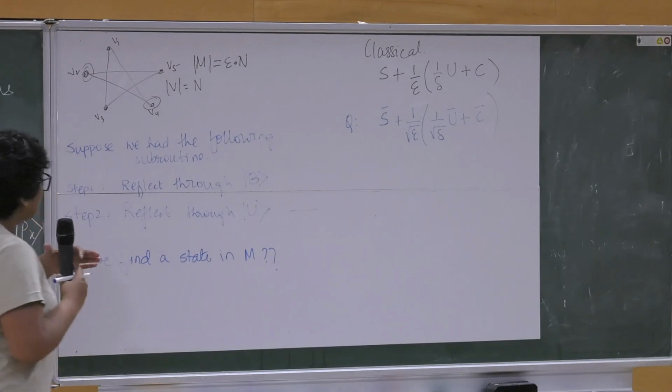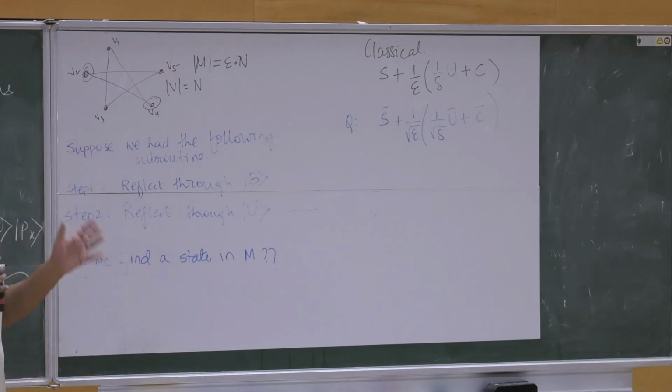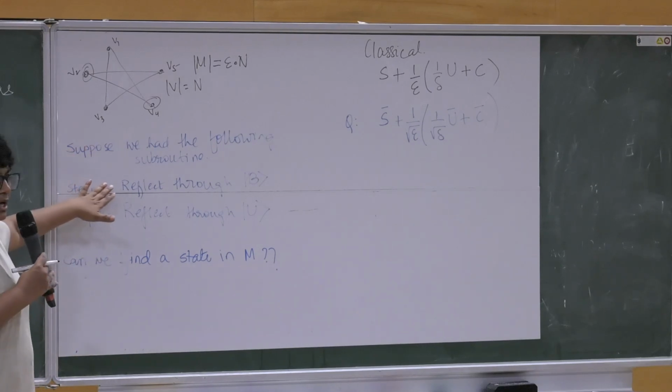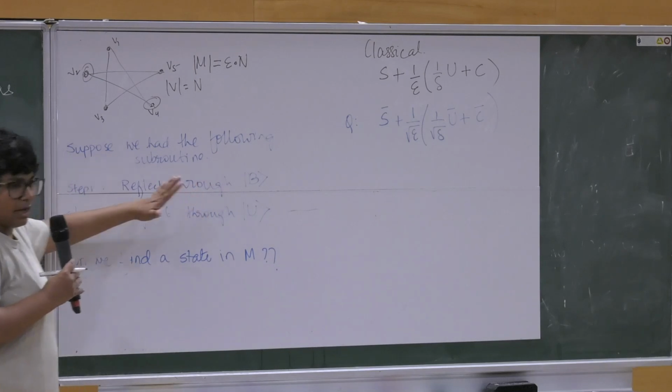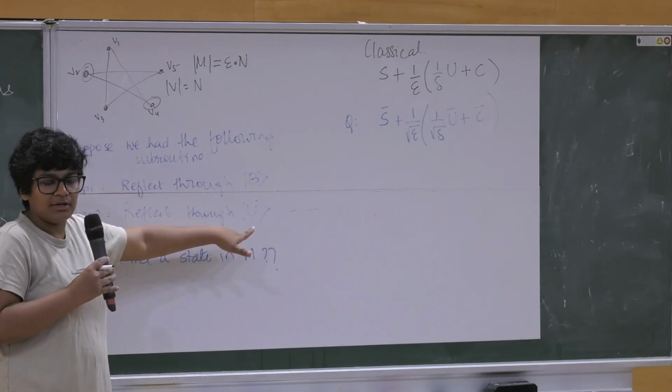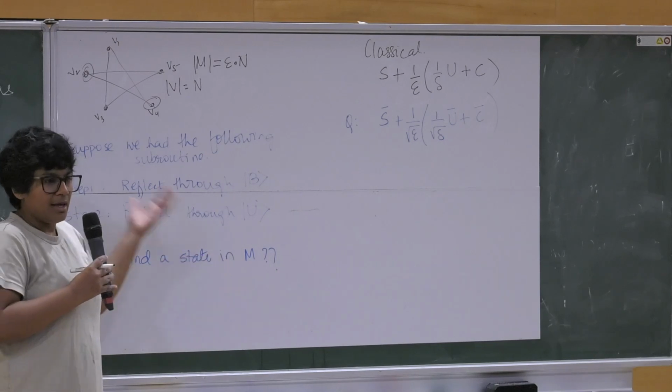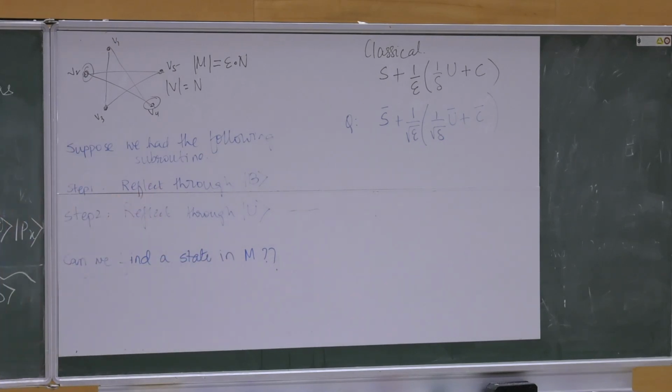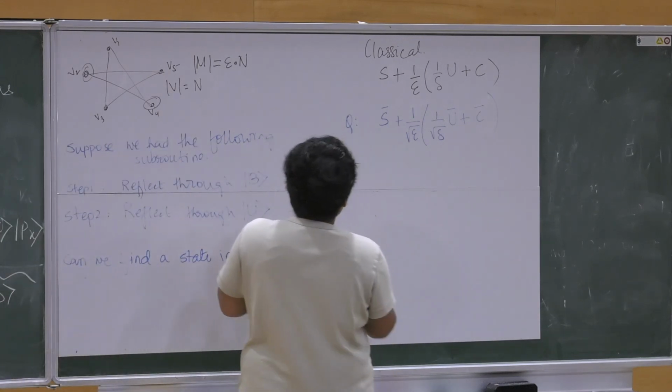Okay. Now suppose at our disposal, we had a way to reflect through B, and I'm going to show what reflecting through B looks like, and another procedure that helps us reflect through A. Then can I land in a state which is a good state? This is what I'm trying to do, okay? Now let's have a pictorial depiction of that.